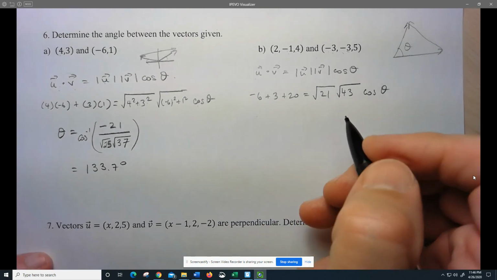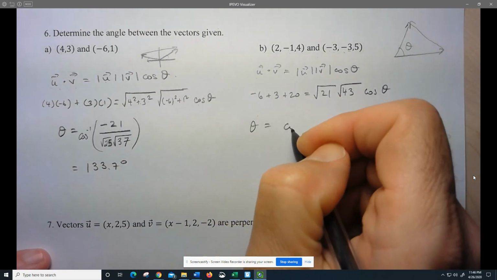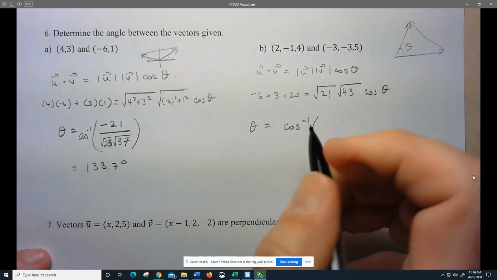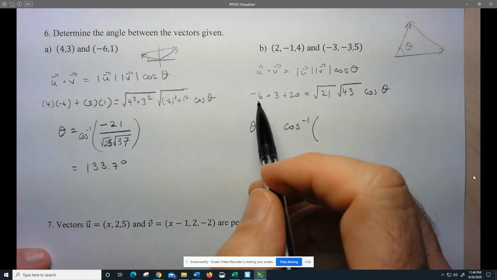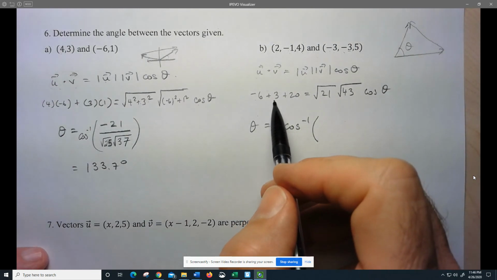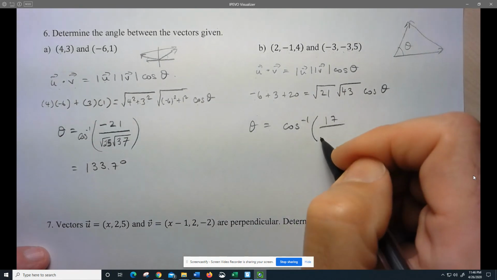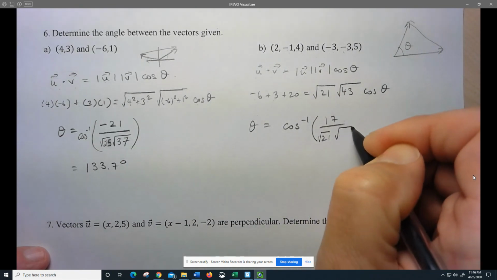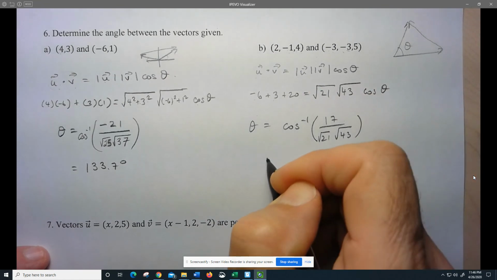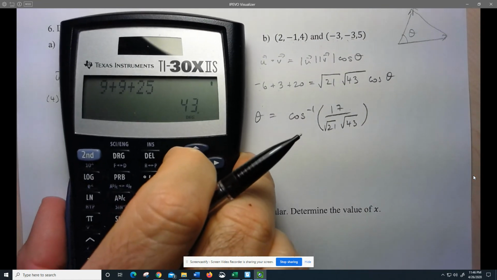Okay, so theta is going to be equal to cos inverse of, so what do we have here? Negative 6 plus 3 is negative 3 plus 20, so that's 17 over square root of 21, square root of 43. All right, and let's calculate that here.